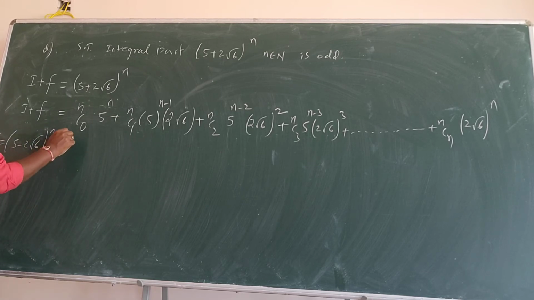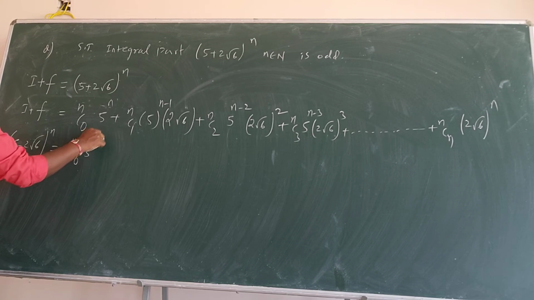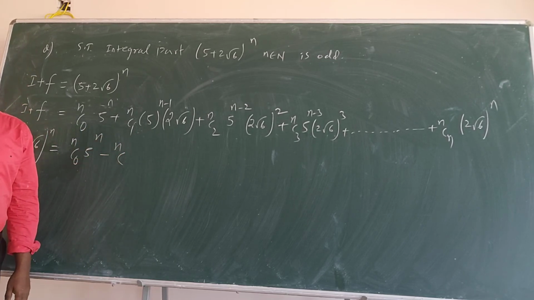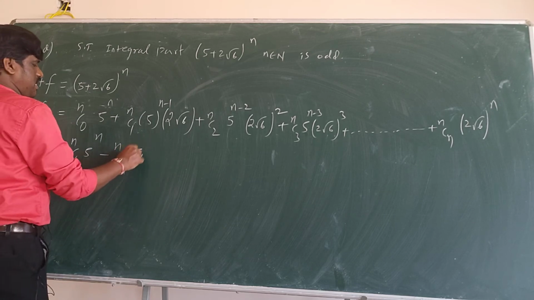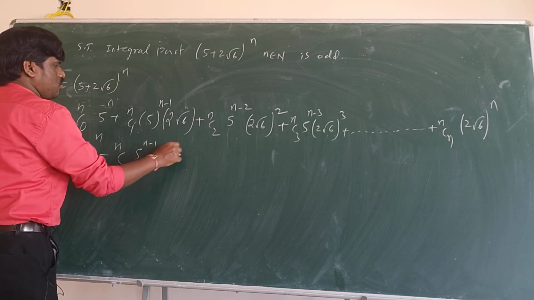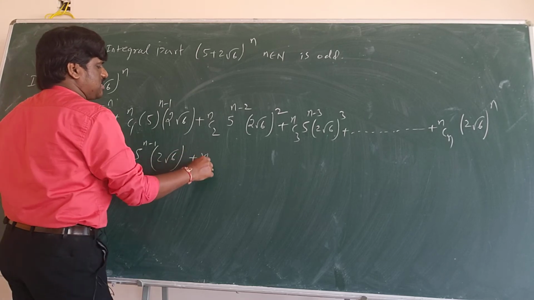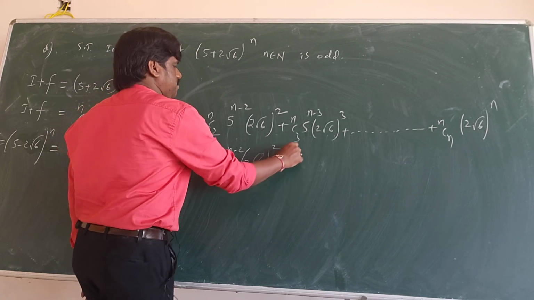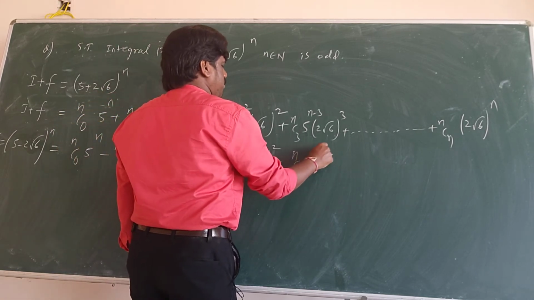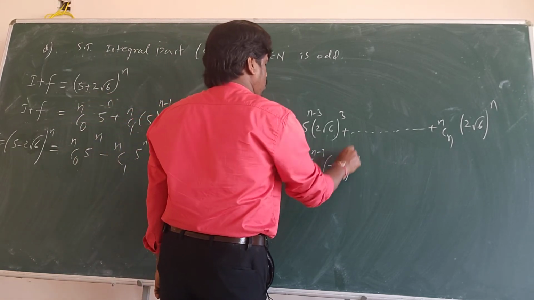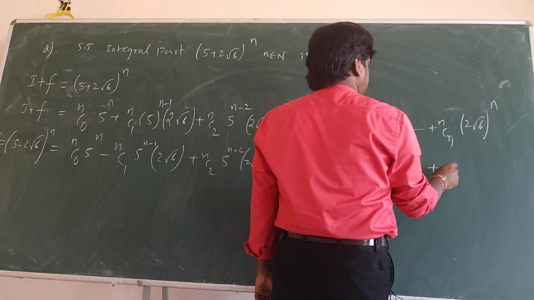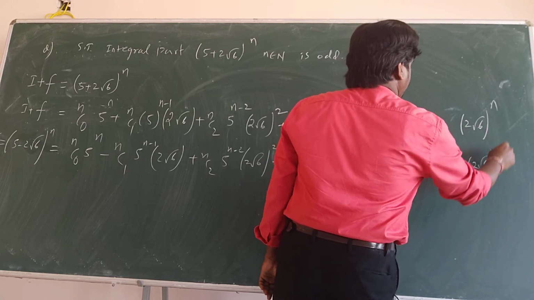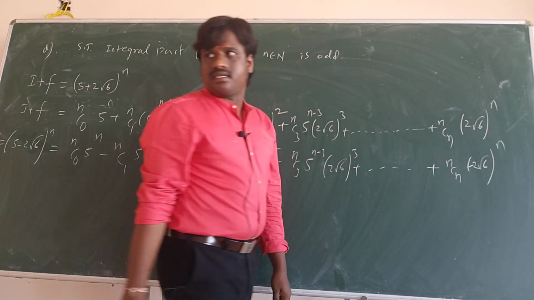So what I get here: nC0 5 power n, you get the same, then nC1 5 power n minus 1 into 2 root 6, plus nC2 5 power n minus 2 into 2 root 6 whole square, minus nC3 5 power n minus 3 into 2 root 6 whole cube, plus so and so, plus nCn 2 root 6 whole to the power of n, and this you get with a minus inside.